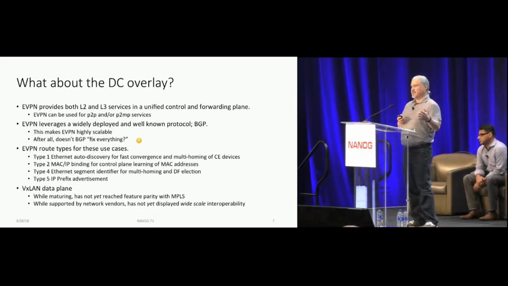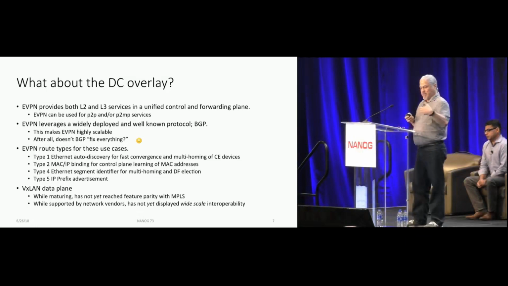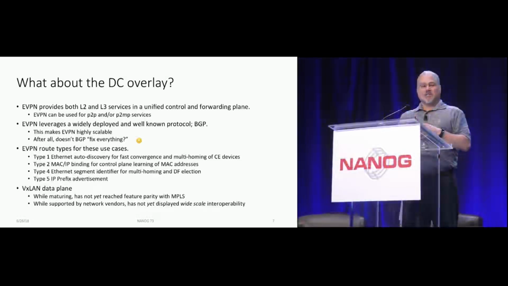Now, when you talk about EVPN inside the data center, the next question that typically comes up is, well, what about VXLAN? Because EVPN and VXLAN seem to be tied together when you have a conversation about data centers. So that's a choice. They could have chosen EVPN with a VXLAN data plane. VXLAN is maturing. It's been around, I think, since 2012-ish. Versus MPLS, it's been around a couple decades.